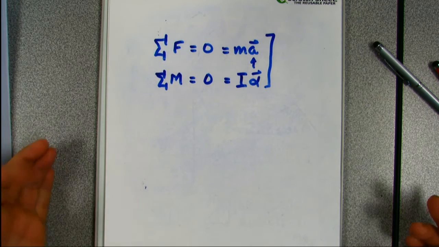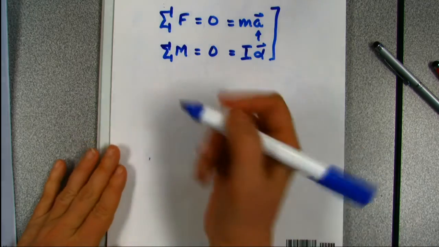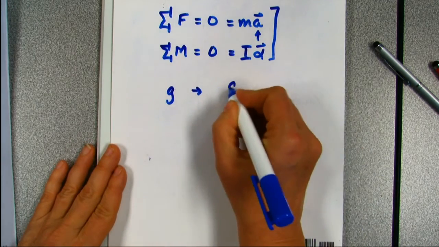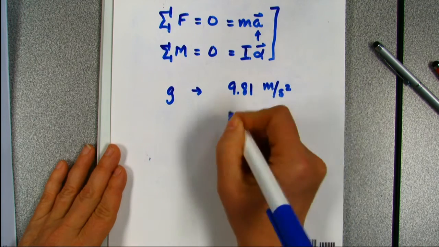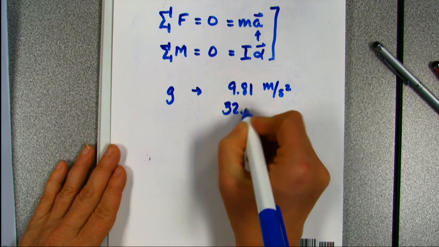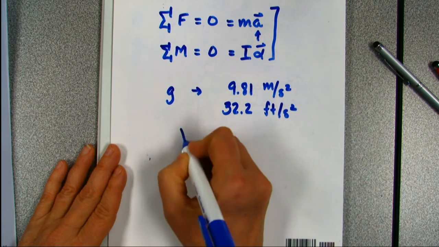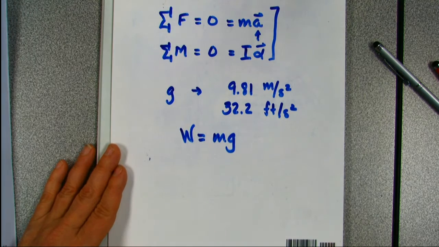So the first chapter was all about doing conversions, looking at our SI units. Remember, for acceleration due to gravity, we are going to use 9.81 meters per second squared, and we're going to use 32.2 feet per second squared. And that's because we're going to deal with weights, and weights are going to be mass times gravity.